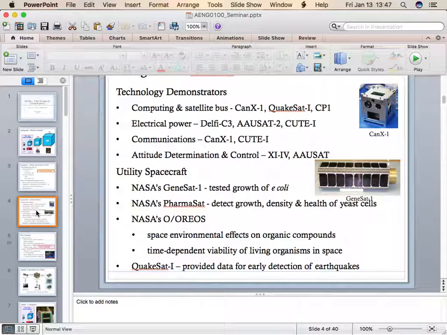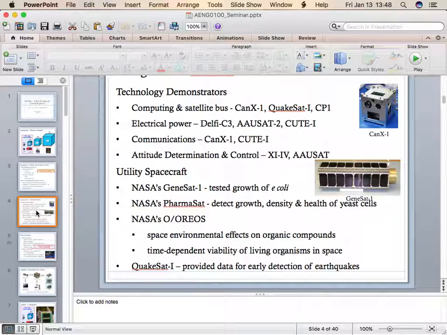The scale goes up to 12. You can go up to 6 or 7 by testing that system in various environments on Earth. But if you want to go above that, you have to fly it in space and get it qualified. So this is the first utility.